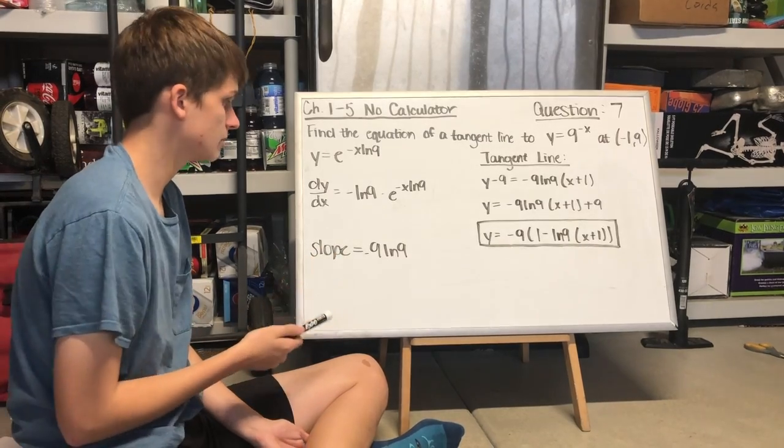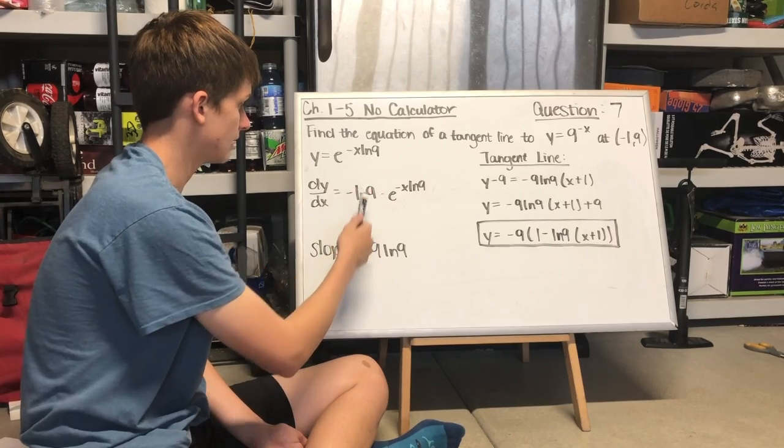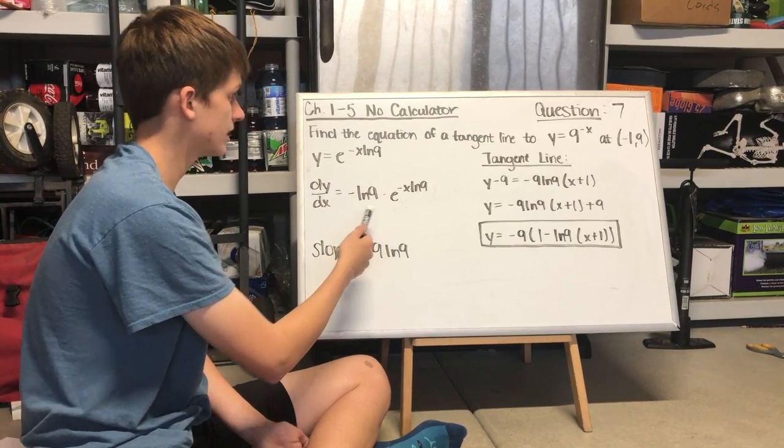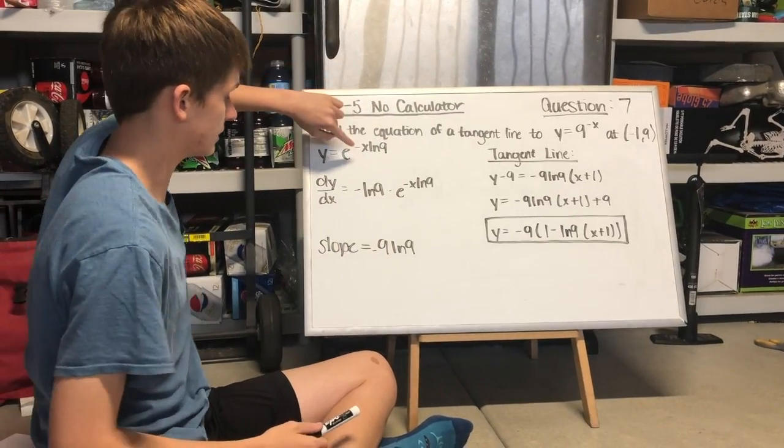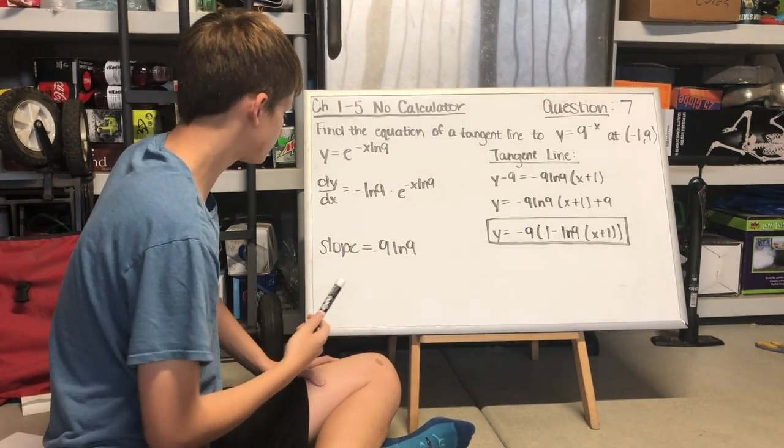We do the same thing as before where we took the derivative. So we have negative natural log of 9, because that is the derivative of the top part, times this whole part right here.